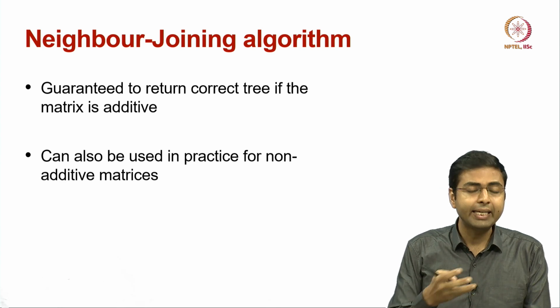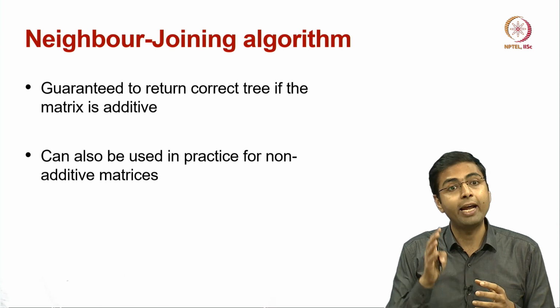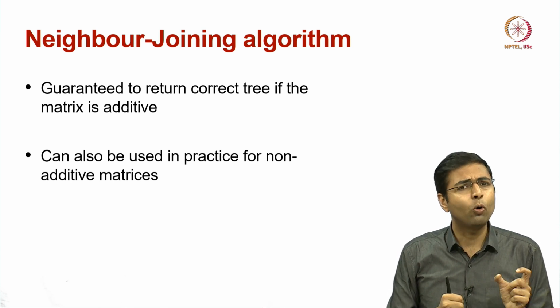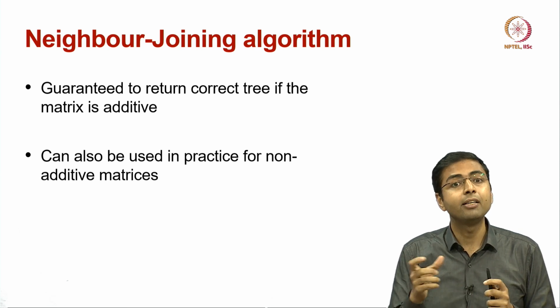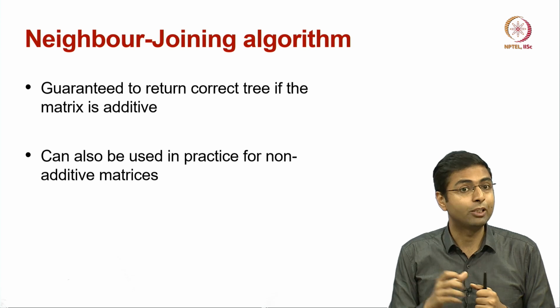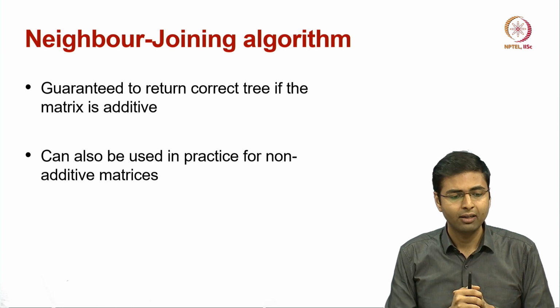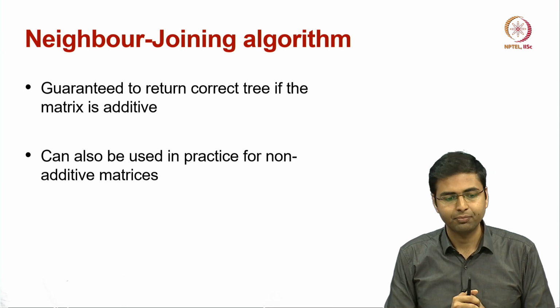So, neighbor joining can be used as a heuristic in practice for non-additive matrices as well. One known limitation of neighbor joining is that it can return trees with negative edge weights, but otherwise this algorithm works very well in practice.